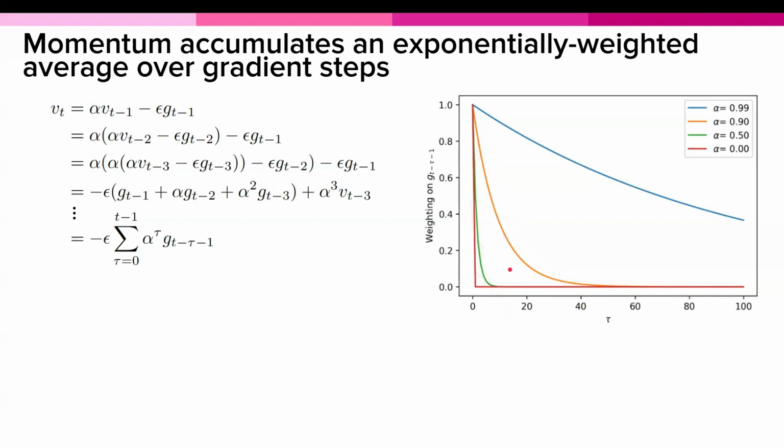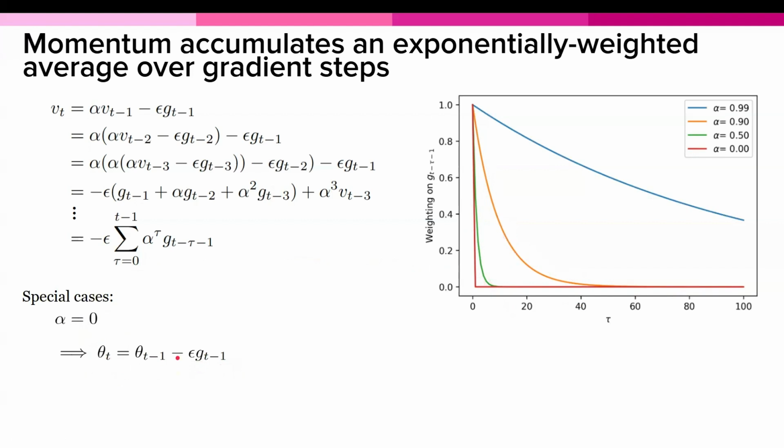Some special cases for alpha also provide some insight into the behavior of momentum. For example, when alpha is 0, the momentum has no memory, and the update reduces to standard gradient descent.